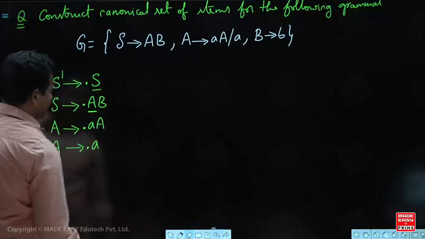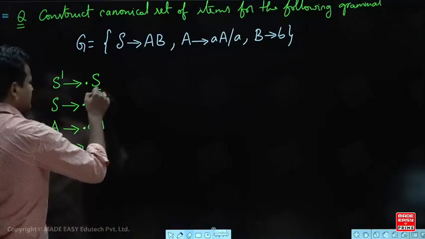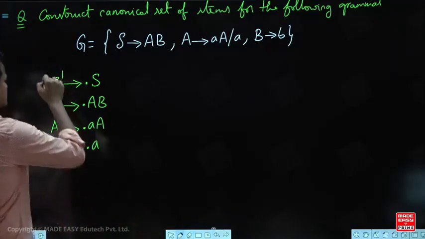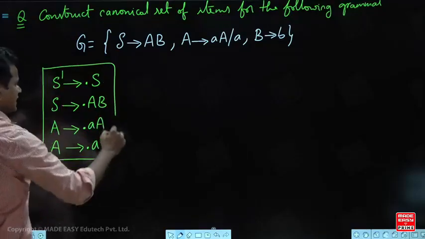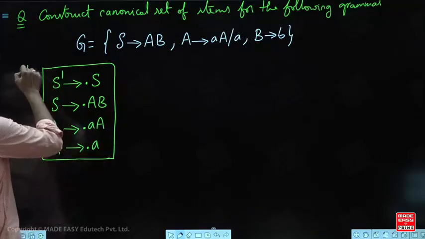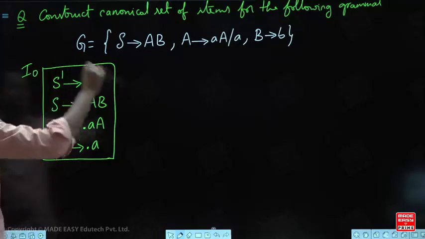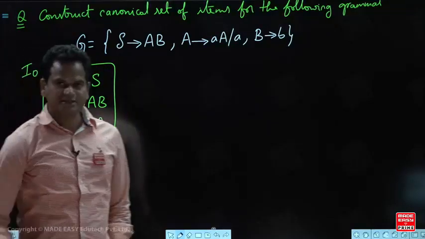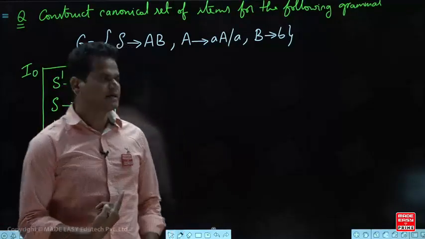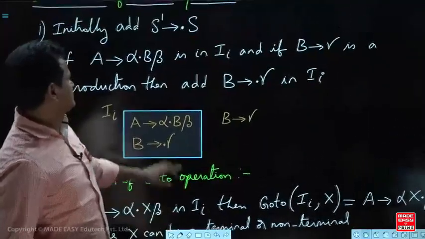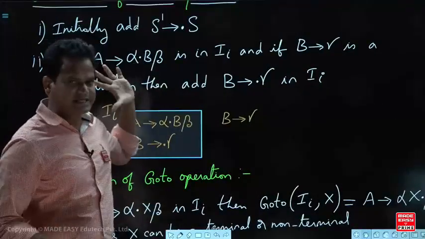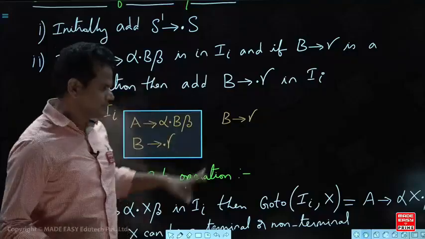So we cannot add any other productions in this state. So I will close this, and I will name this as I naught. Do you understand? I have already explained this previously at the time of explaining this step. The same example.